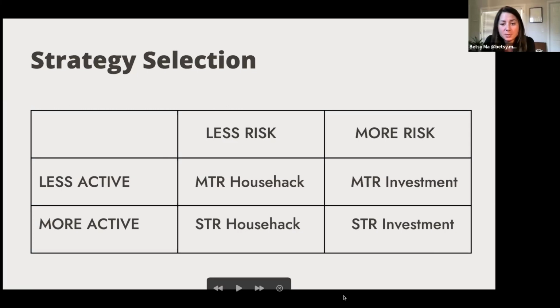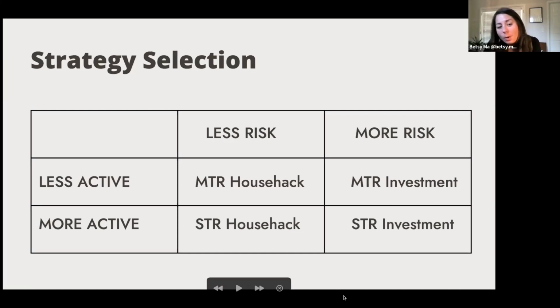People have been midterm renting for as long as you can imagine. Basically, it's a furnished long-term rental. That's what it is. You're renting it for over 30 days. So by the eyes of the state, it is a long-term rental. It just is furnished. And you can make more money off of that as well.